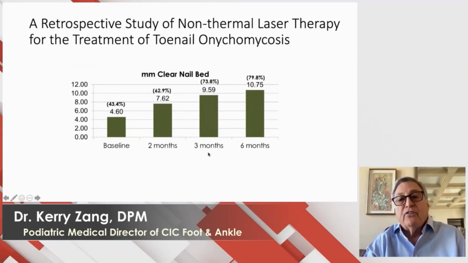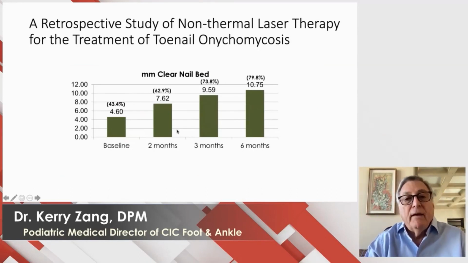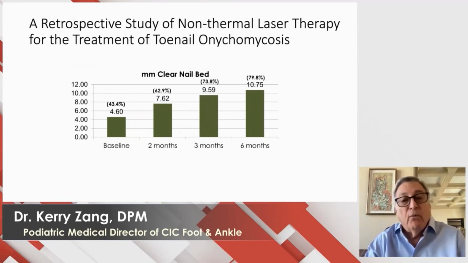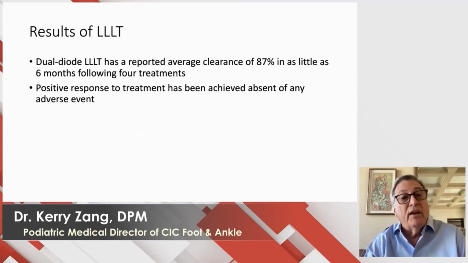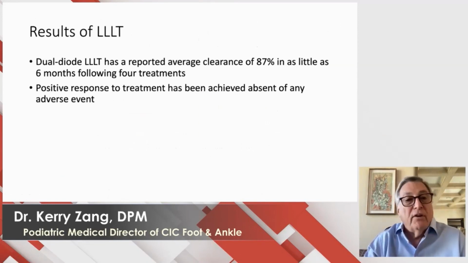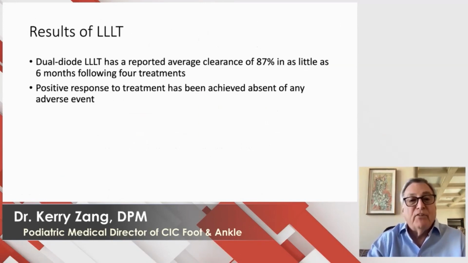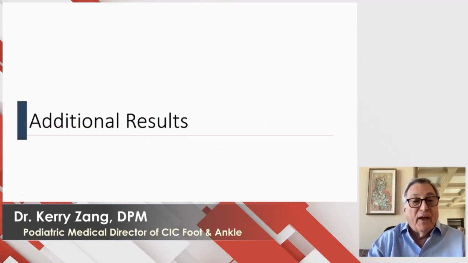So at 6-month period, we had 10.75 millimeters of clear nail growth. This went on to full growth at the end of the year. So we had 87% clearing at 6 months. And the positive response to treatment was achieved absent any adverse effects.